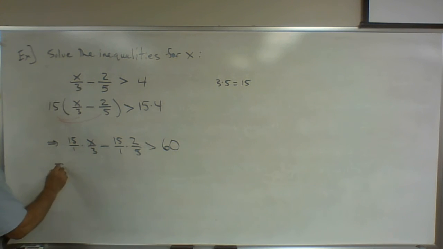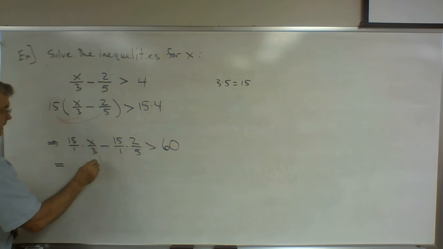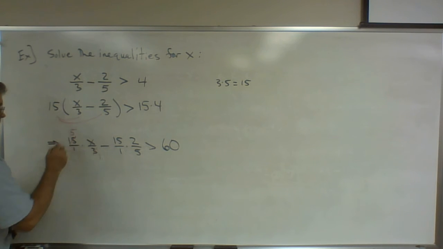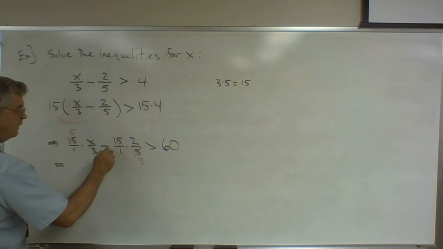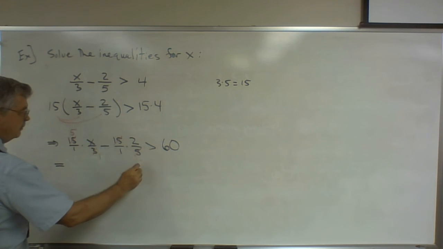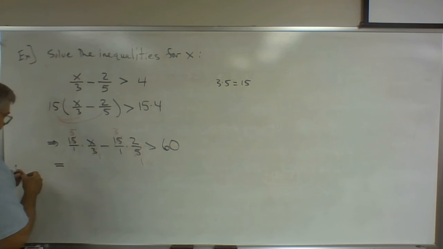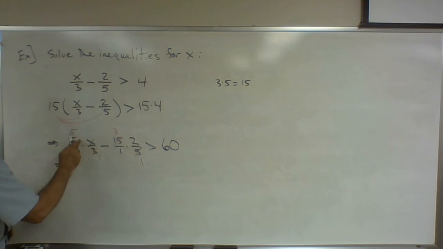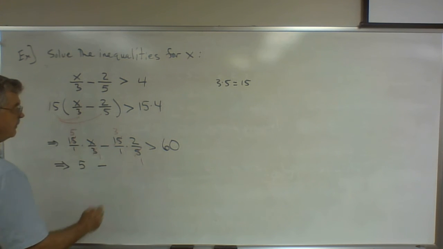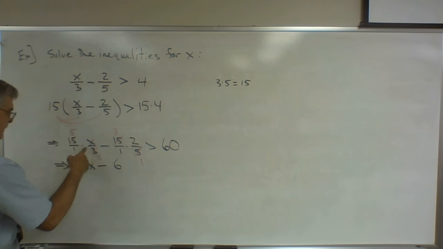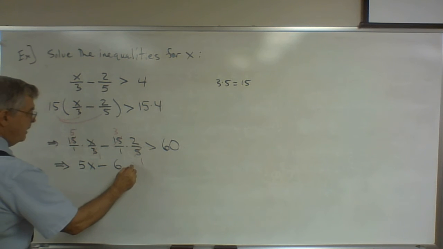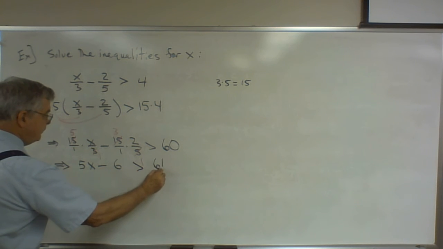Okay. 15 and 3, we got some canceling going on here. 15 and 5, we've got some more canceling going on here. There, that's better. So we have 5x minus 3 times 2 is 6. 5x minus 6 is greater than 60.